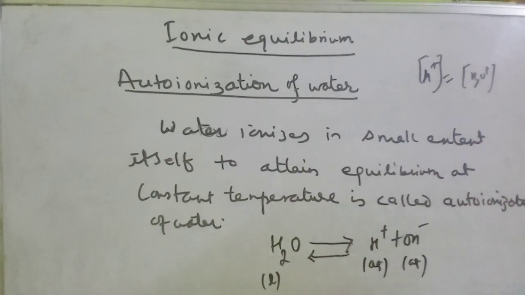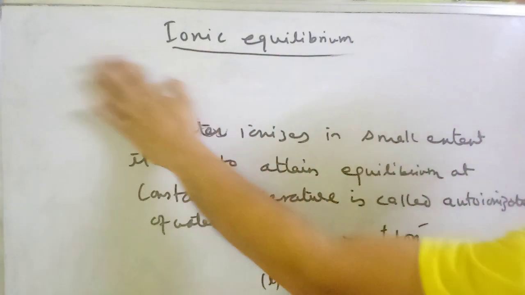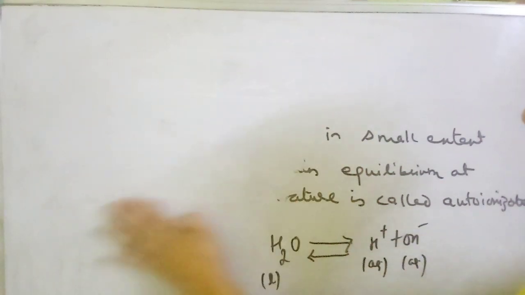Students, water itself ionizes to a small extent, and the ionized water, that is H plus and OH minus, attains equilibrium with unionized water. This is called autoionization of water.